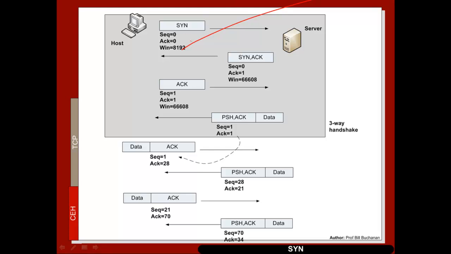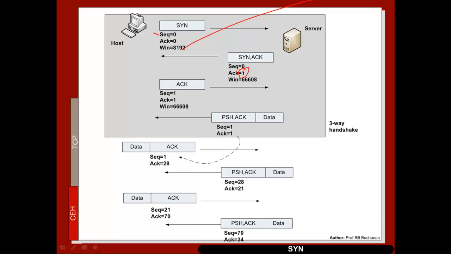Along with this, we get the concept of sequence numbers. The sequence number is the sequence that we've actually sent. It's the number of bytes. So we can see here the SYN is sent, sequence 0. The ACK comes back and identifies the next value it expects to see.